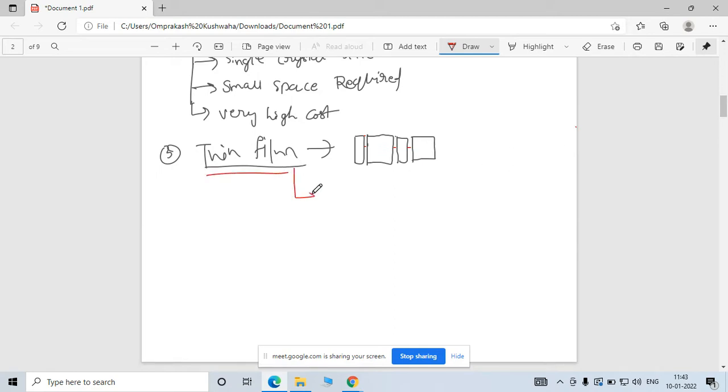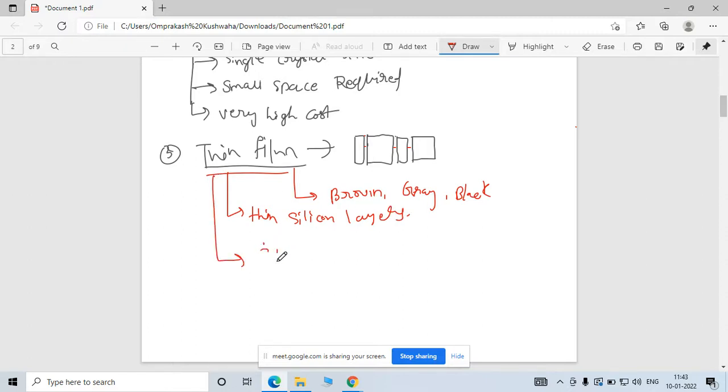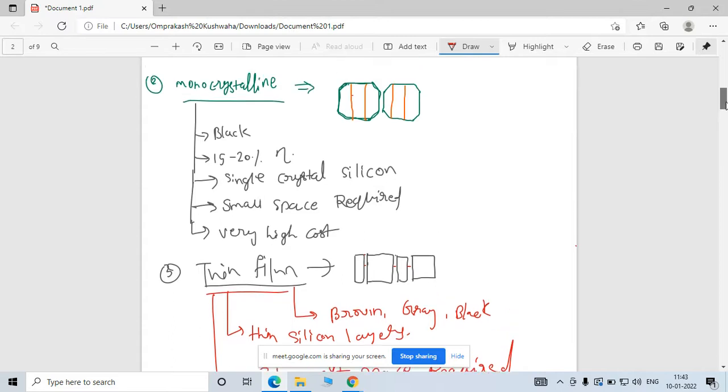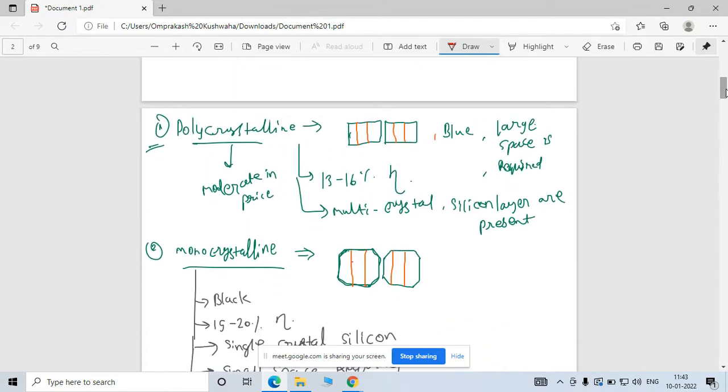Now the second difference is the color. It is generally found in brown, green, gray, and black, generally three colors. A thin silicon layer is used here, and larger space is required. Now see, this space required is for generating the same rating, right?